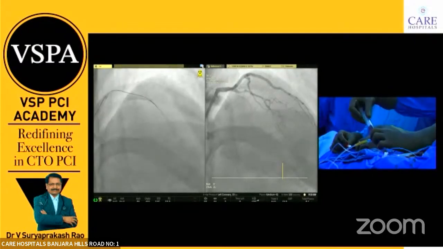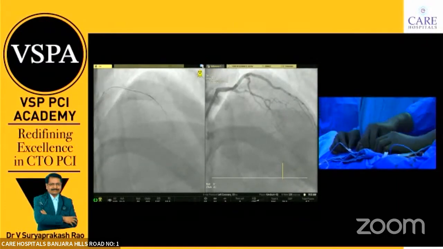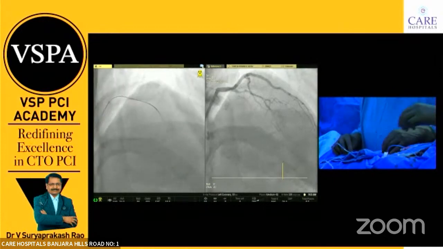So we got a small septal there. There is some little hot plug there, some knuckle formed, but now I can push the microcatheter. For good backup, I am pushing the microcatheter here.